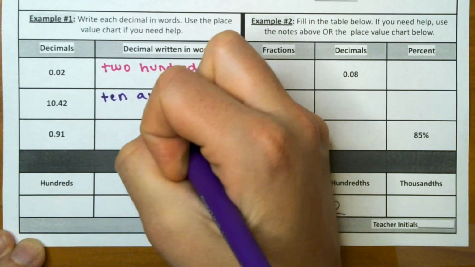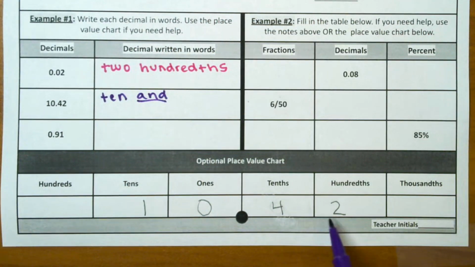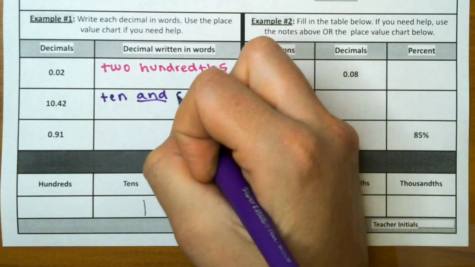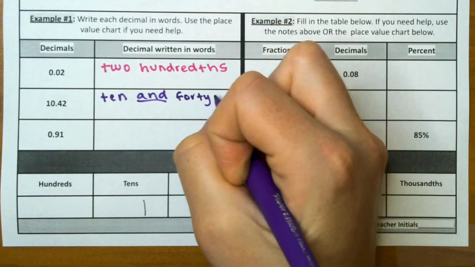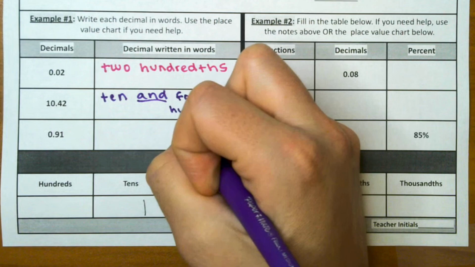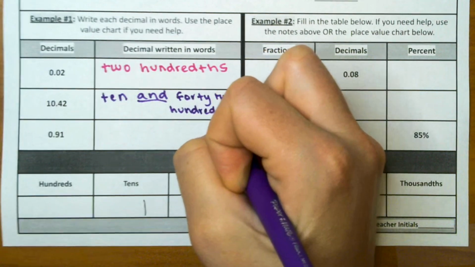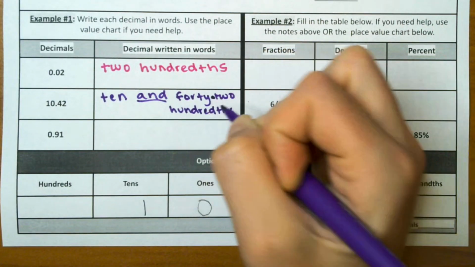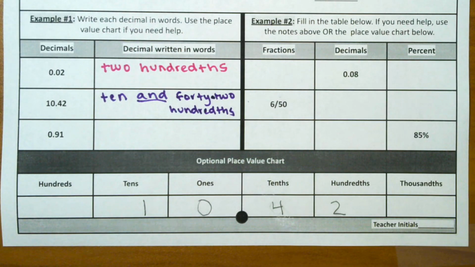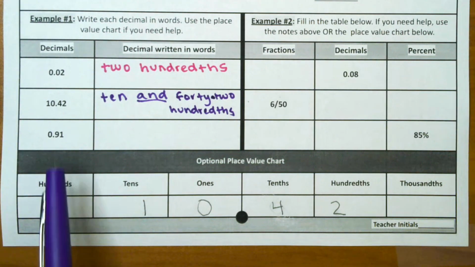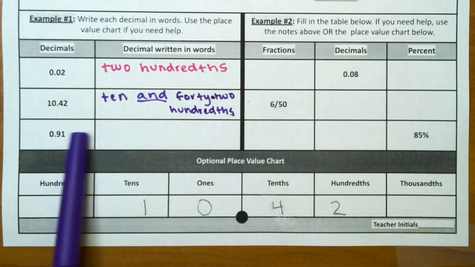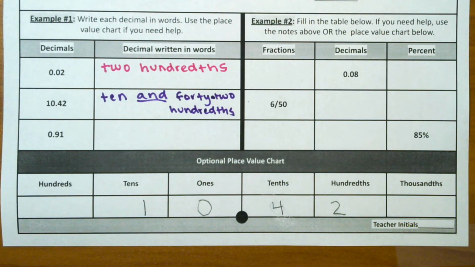Then we're going to write "and" 42 hundredths. That's a little dash right there. And I'm not going to do this last one with you. Go ahead and complete it on your own. Pause the video, come back once you're done.